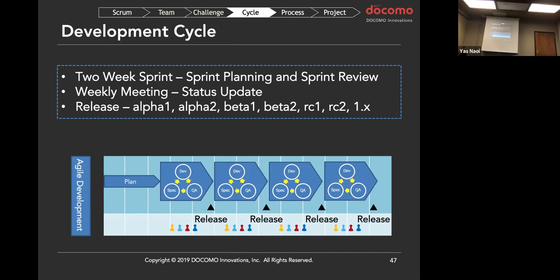But in reality, it's not like a 2 week release kind of thing. Sometimes we have 3 weeks or 4 weeks, and in that way, we are not releasing alpha 1, but some features are starting for alpha 2. That's kind of the pipeline.